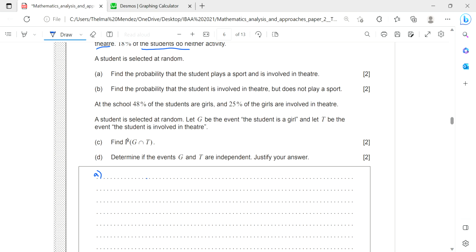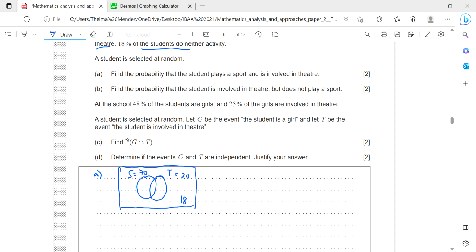So we can visualize the problem. Let's say this is students playing sports, 70%, and those involved in theater, 20%, and then those who do neither of these two activities, 18%.